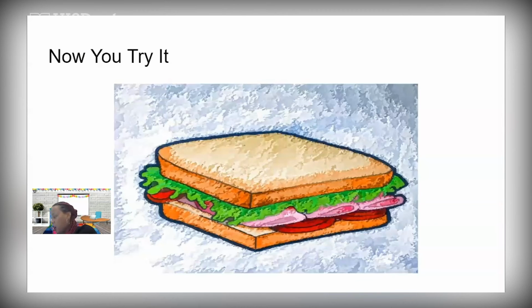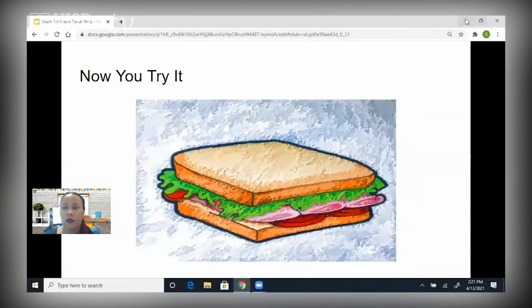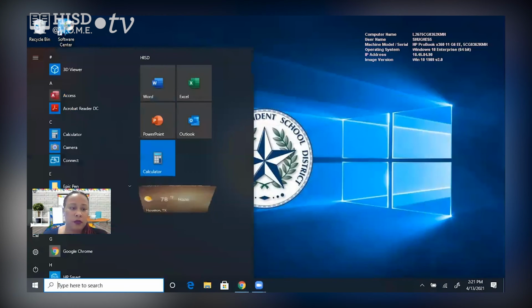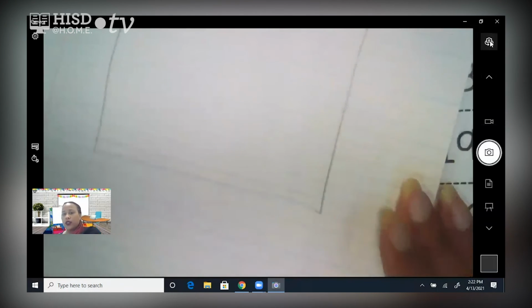Remember, a square has all equal sides. Here you see a square on my paper.